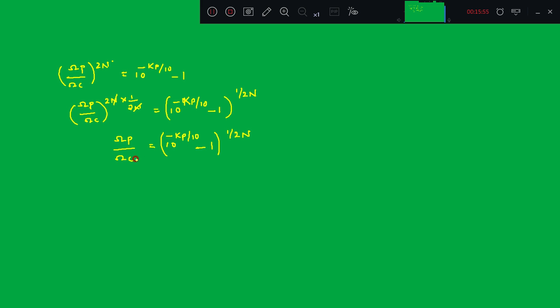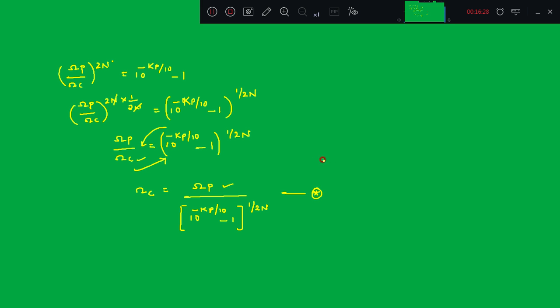So what we want is the cutoff frequency. So we will take this omega c to this side and this term to the other side. So omega c is equal to omega p divided by 10 raised to minus kp divided by 10 minus 1, raised to 1 divided by 2n, right? So this is one equation you can use whenever omega p and kp are given.